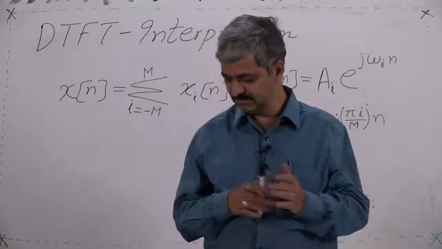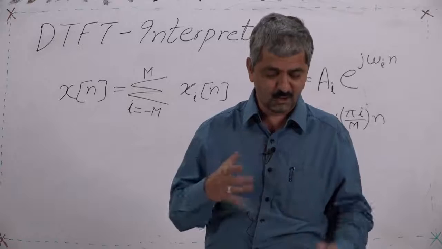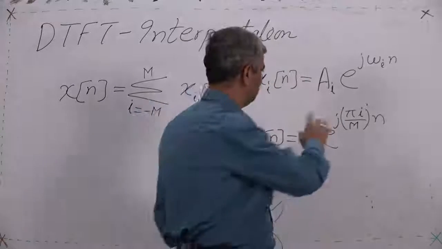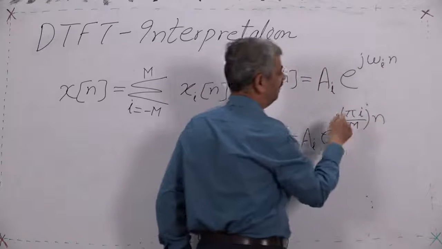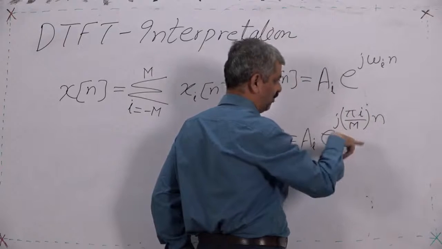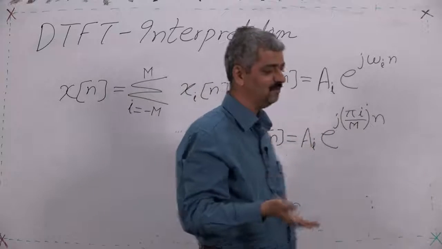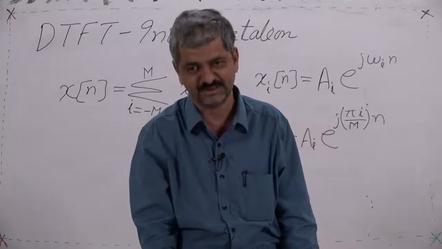Now, with this omega I, what will happen? For I equal to 0 it is a steady point, for I equal to 1 it is a rotating point in the anticlockwise direction. Suppose my m is 100, then there will be 201 points.